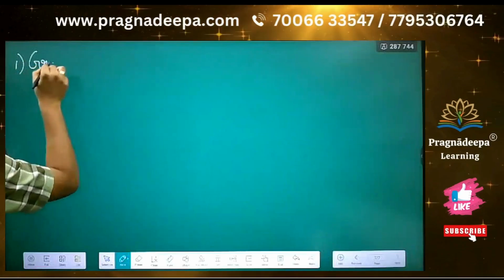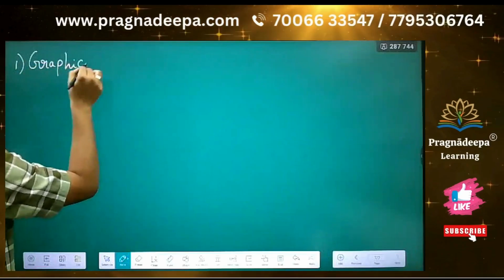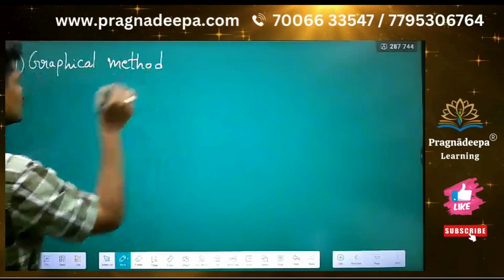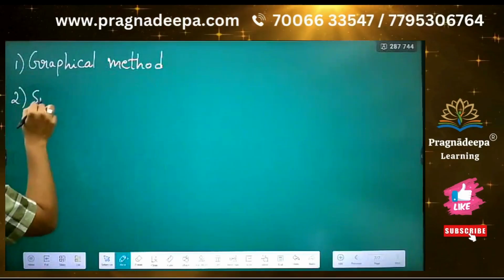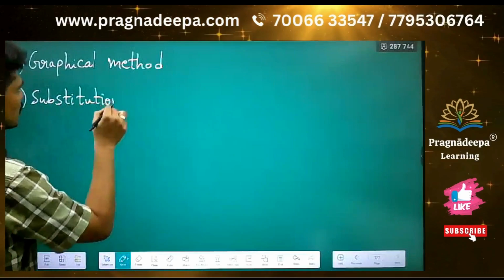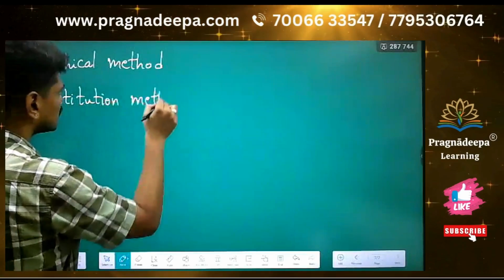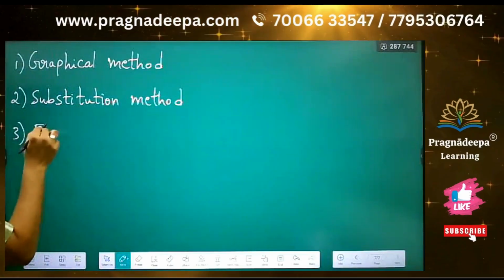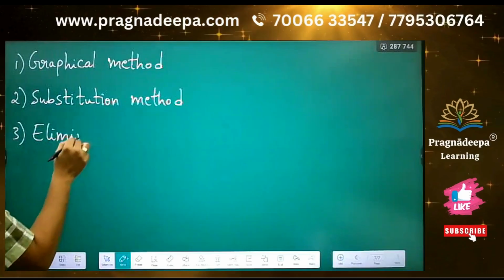One is the graphical method. Of course, graphical method means you have to use graphs. The second one is the substitution method, and the next is the elimination method.